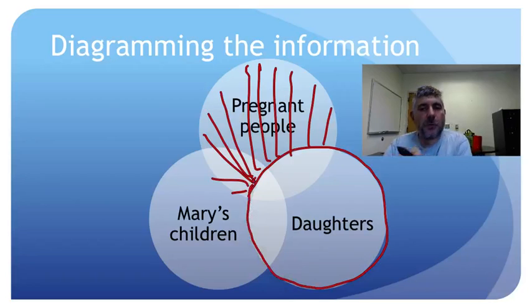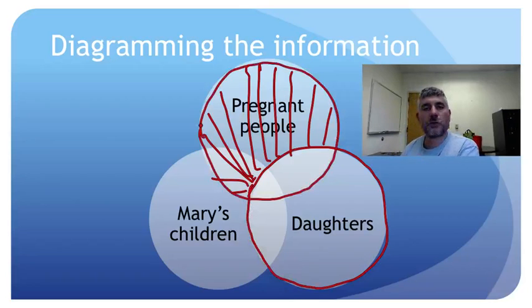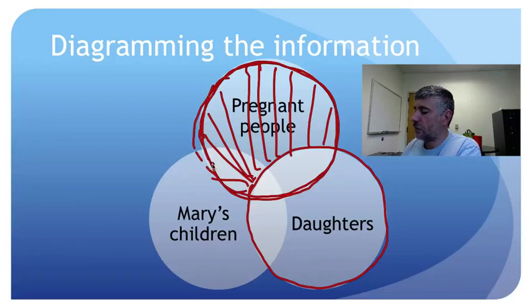Okay, but remember, what did premise 1 tell us? Premise 1 told us that Mary has a child who's inside this circle. So here's what we know. Mary has a child who's inside the circle of pregnant people, and anyone who's inside the circle of pregnant people must also be inside the circle of daughters.